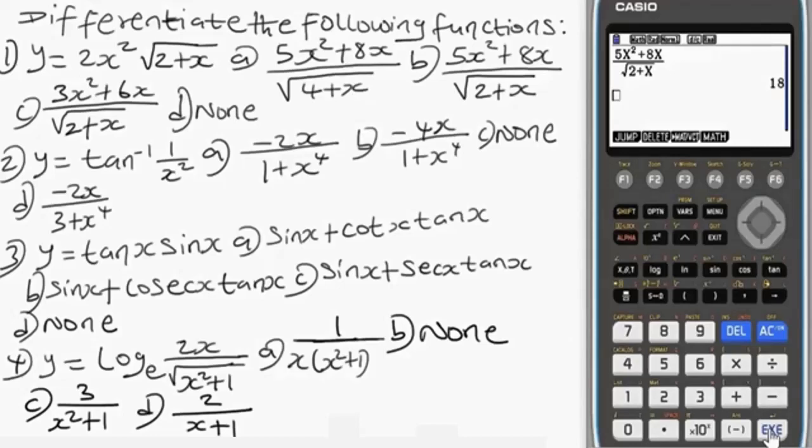Option D says none. Okay, so let's look at question 2. Let's solve question 2 that involves the trigonometric function tan inverse. Let's delete everything here. Delete, so let's go back to d over dx, press F4, d over dx. We have the function y equals tan inverse of 1 over x squared.